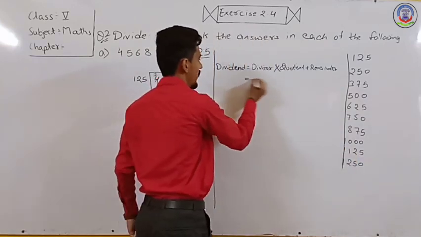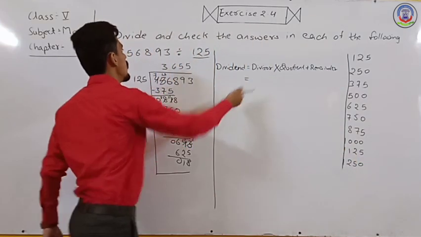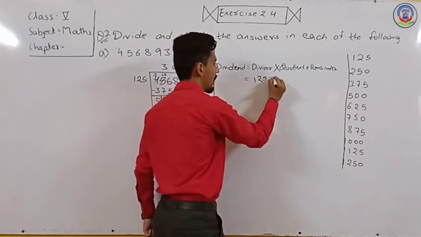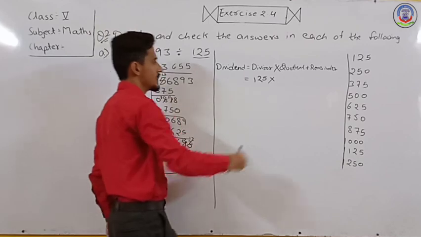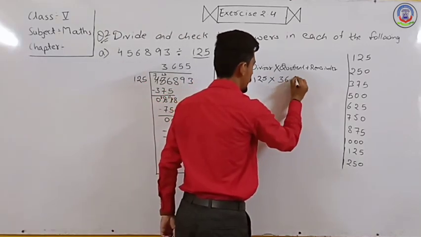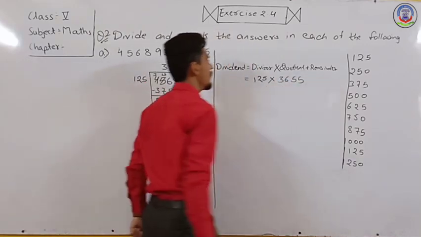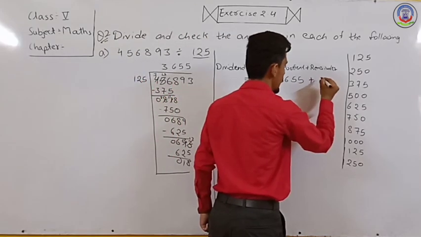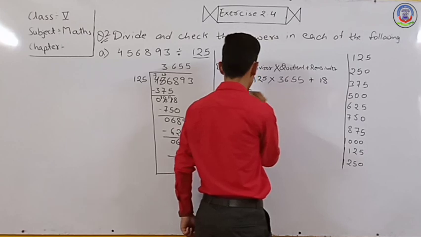Now let's check. The divisor is 125. Quotient is 3655. And in the last, plus remainder, it is 18.